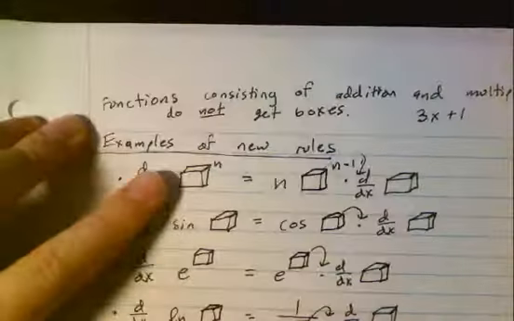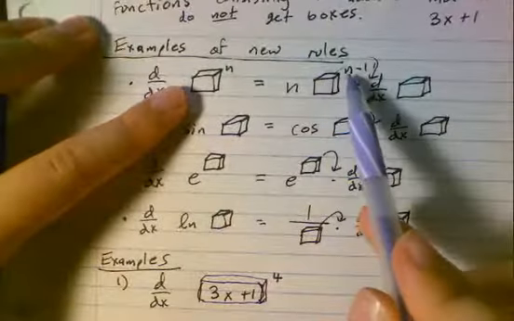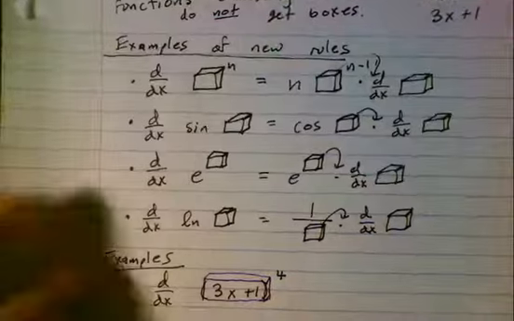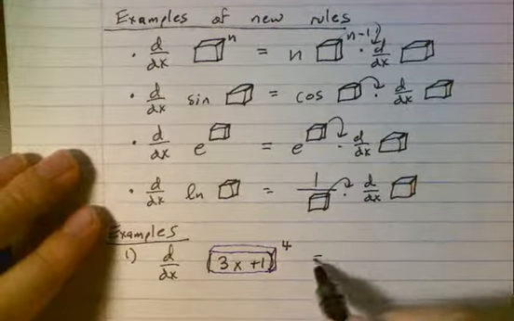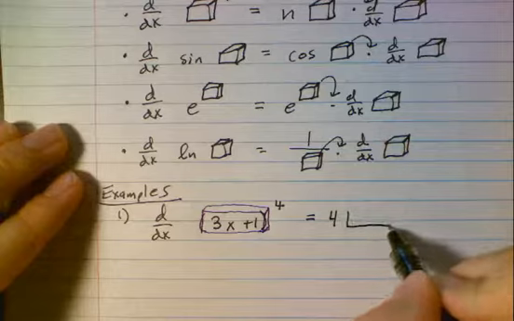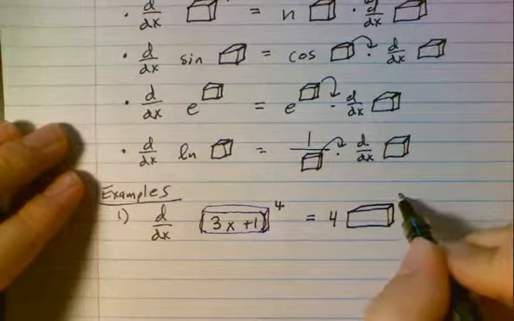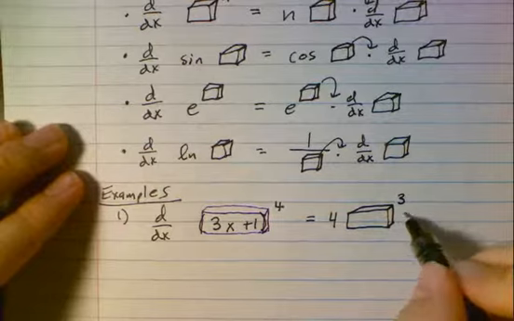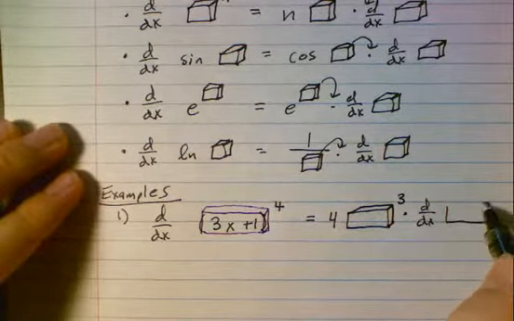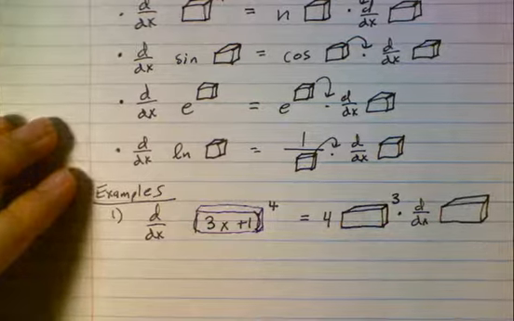Now we're going to use this rule up here. We're going to take the derivative, bring down the exponent, subtract 1 from the exponent of whatever's in the box. And we're also going to multiply by the derivative of whatever was in that box.